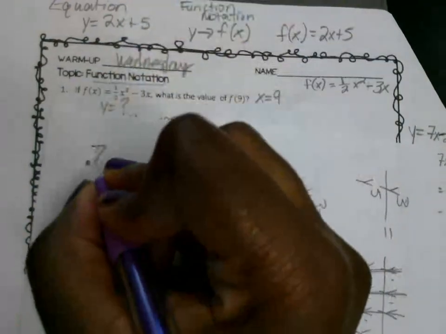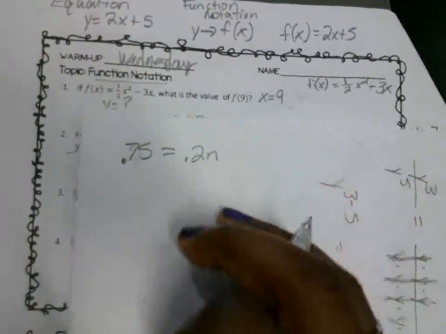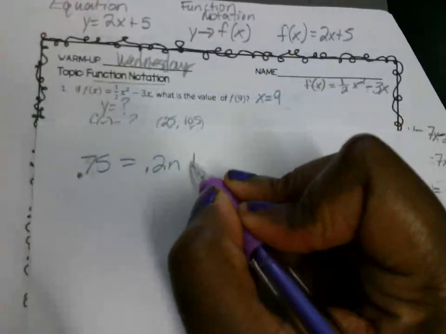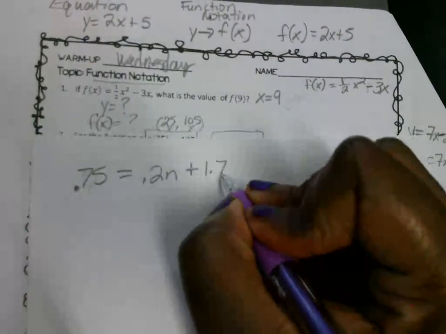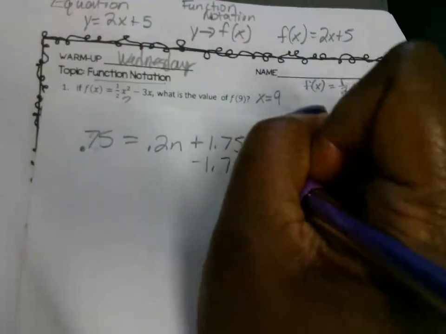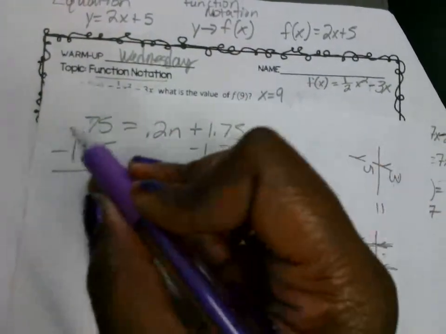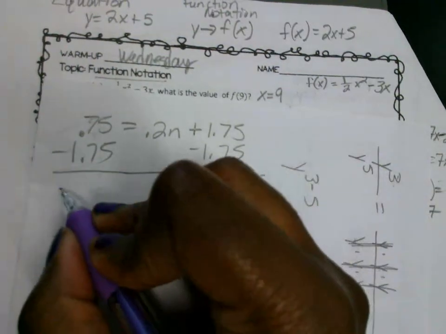All right, so now we got 0.75 is equal to 0.2n plus 1.75. So now we're going to solve for n. What do we do to solve for n? Minus what? Very good. So now what are we going to get on this side of the equation? -1.